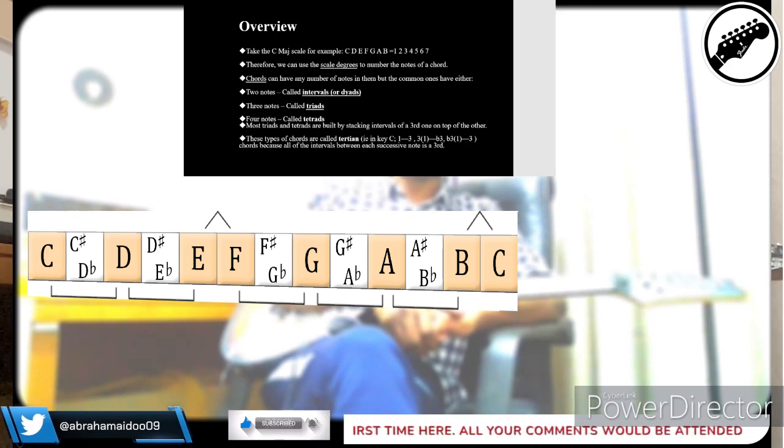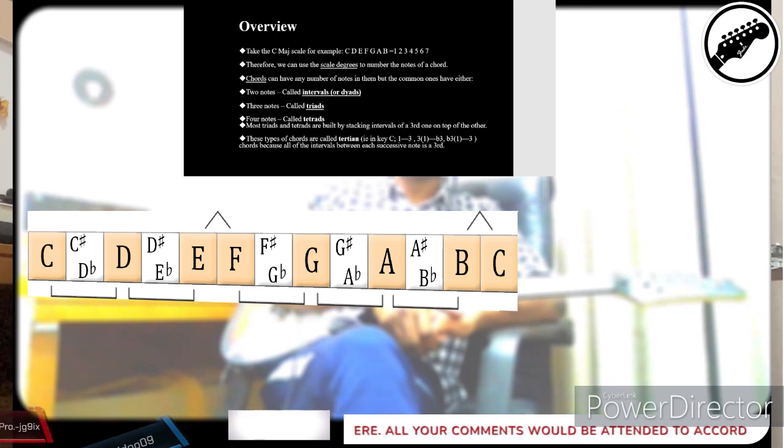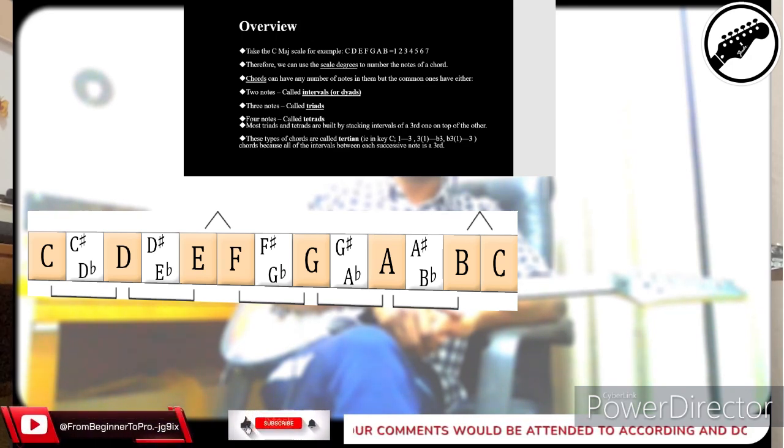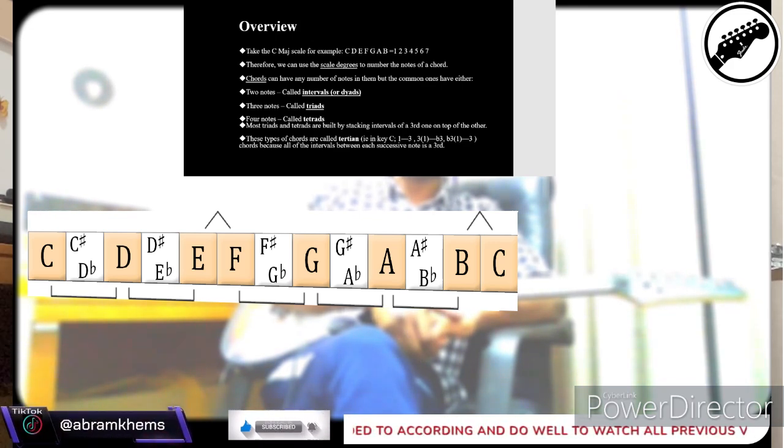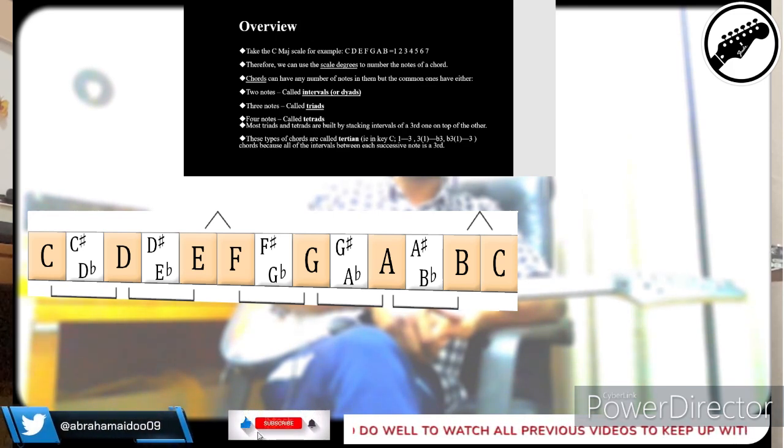For instance, if you take the C major chord, you have 1, 3, 5. You have your root, which is the 1, then the major third, and then the major fifth.